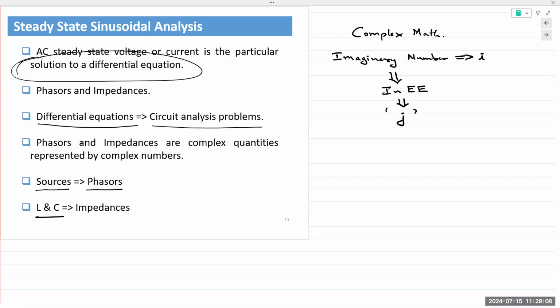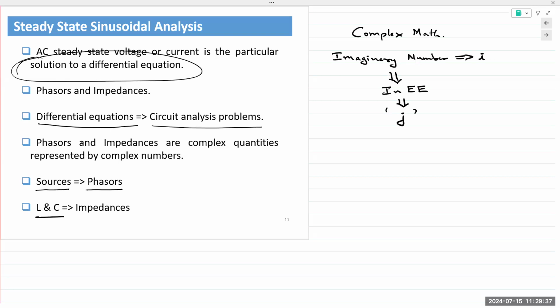Thankfully, resistors are not energy storage devices, so they behave exactly the same way for AC as they do for DC. Resistors will not affect the phase of the voltage or current, only the magnitude. If you apply a 10 volt AC voltage to a 10 ohm resistor, the resulting current will be 1 amp. The phase is not affected.